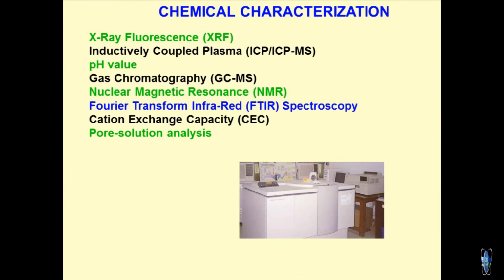So, mass spectroscopy also tells you the quantity, is quantitative analysis. pH is a very important factor as far as the chemical characterization is concerned, and I am sure all of you must have used electrodes which I will show you subsequently to determine the pH of the soils or geomaterials. In present day environmental geomechanics, we use gas chromatography. You must have come across this term, GCMS. In your environmental sciences courses, I am sure you must have used this.